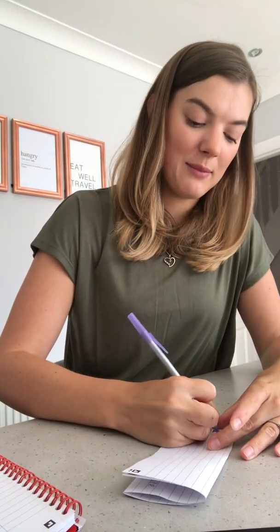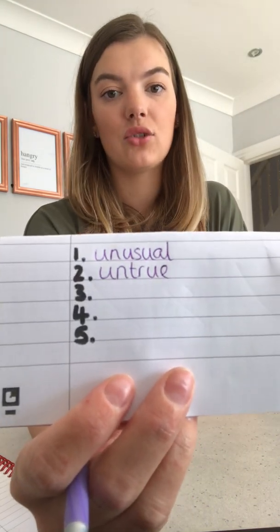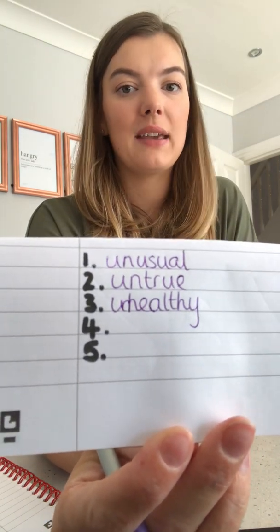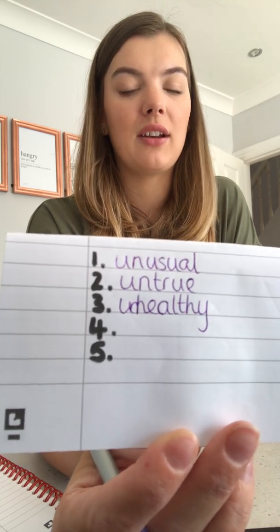I also came up with untrue. So if you're not telling the truth about something. Also got unhealthy. So you might be eating lots of chocolate and sweets and crisps. You're not being healthy, you're not eating your fruit and your vegetables.